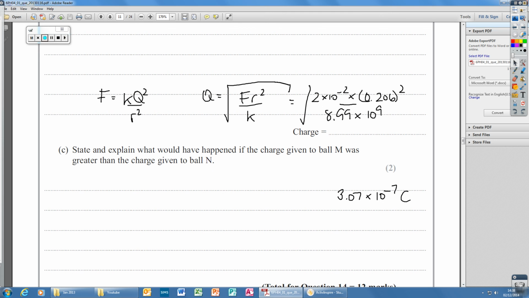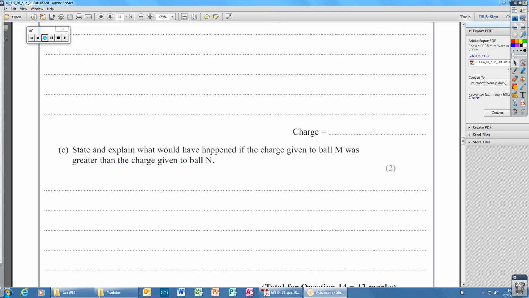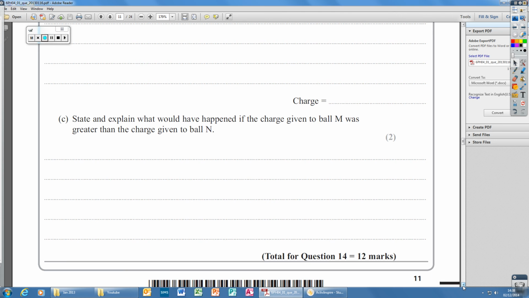Final question. Hang on, let's just get rid of what I've just written. There we go. Right, for the final part, state and explain. You've got two command words here which we have to obey. Firstly I've got to state what happens and then explain what happens. If I don't do them both, they're not going to give me 2 marks.